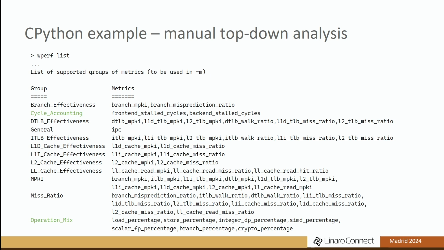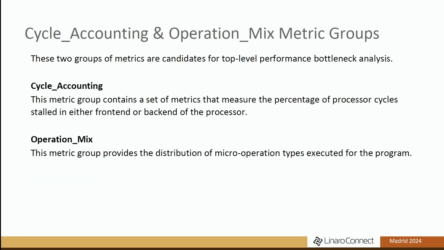I'm choosing this over everything else because I can run everything else one by one manually with a top-down tool. And this is the most interesting one because it gives you reasonable places to look deeper for your hotspot analysis.